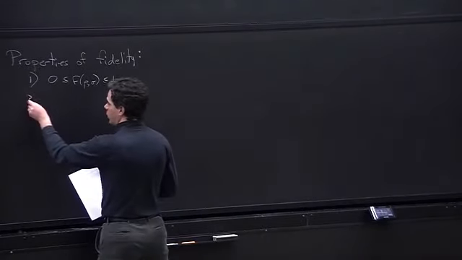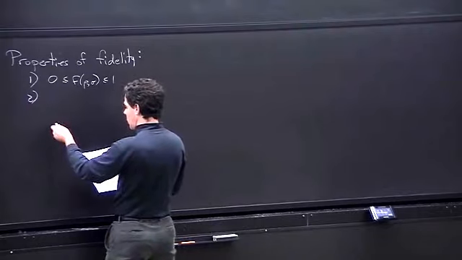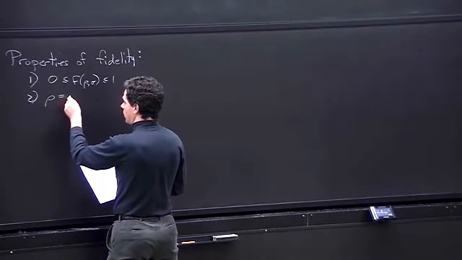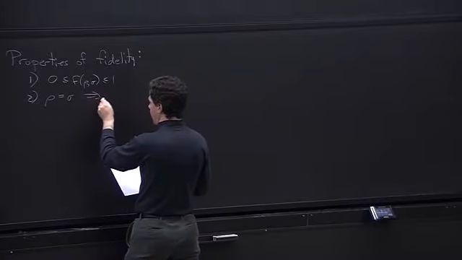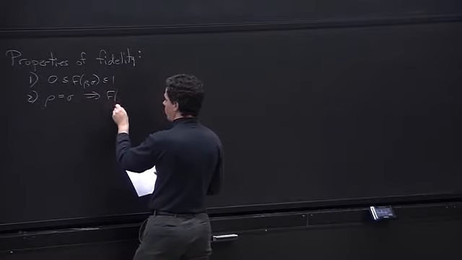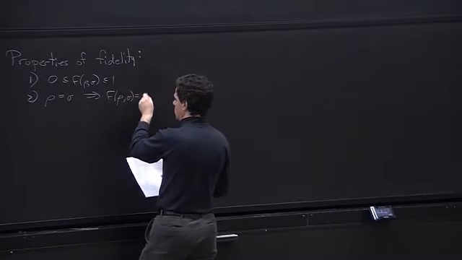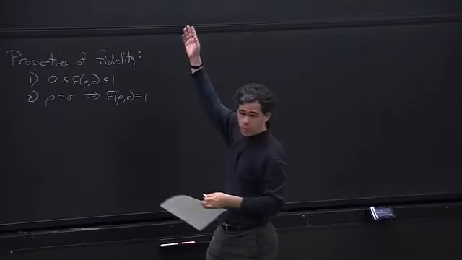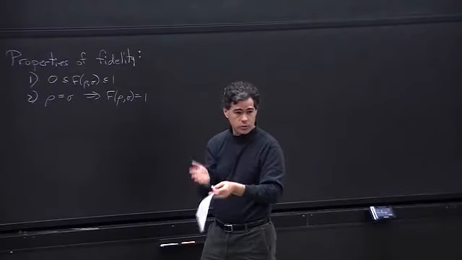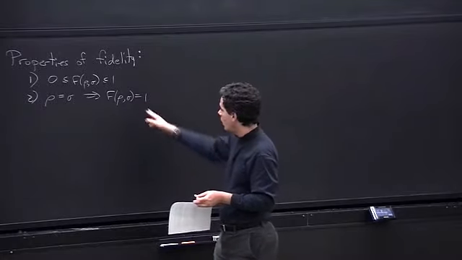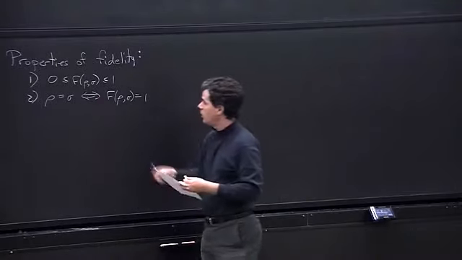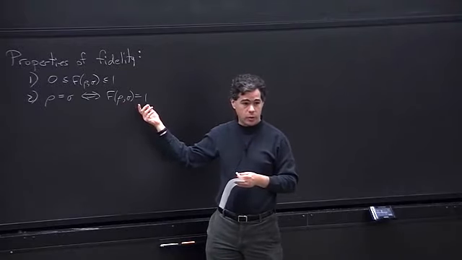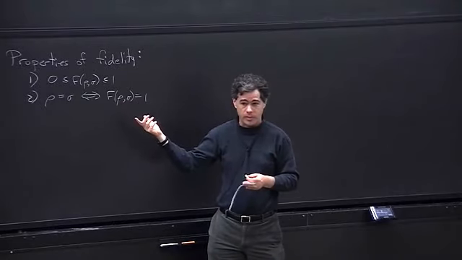The second one tells us that if the two states are the same, then the fidelity between them is 1. That's the same, remember, as in the pure state case, where if the inner product is 1, the two states are the same. But actually, this also goes the other way, also like in the pure state case. So if the fidelity of two mixed states is 1, then the states are the same.